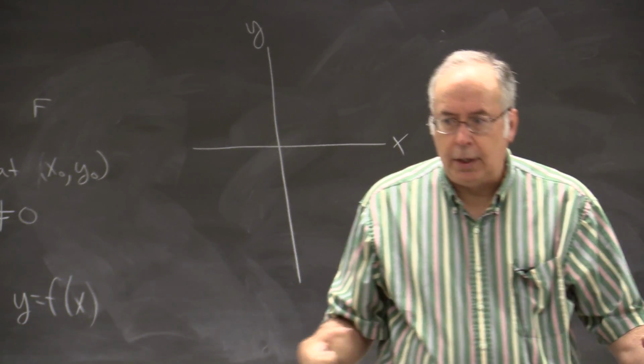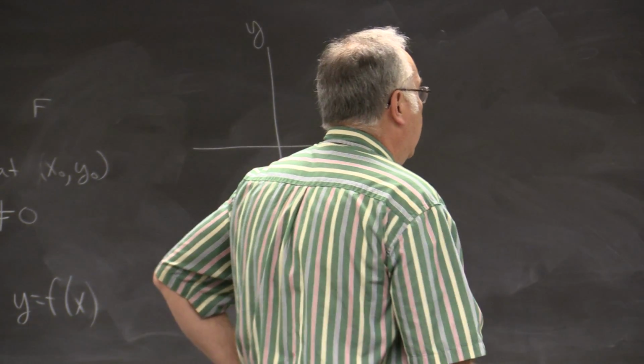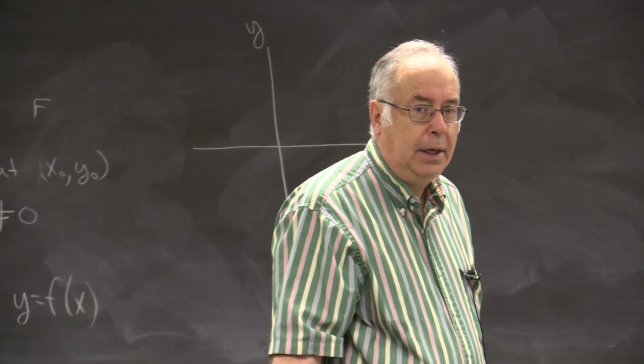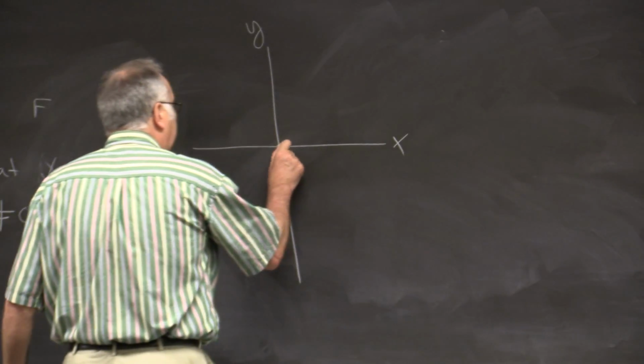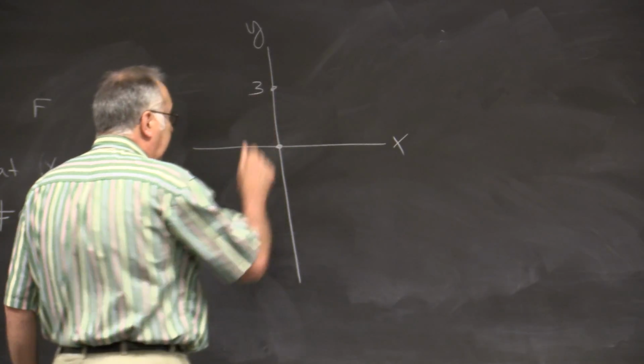I should call it a relation. If you graph this capital F, what does its graph look like? Did Andrew remember? Yeah, just a circle. Because we have one point here: if x is 0, y is 3.